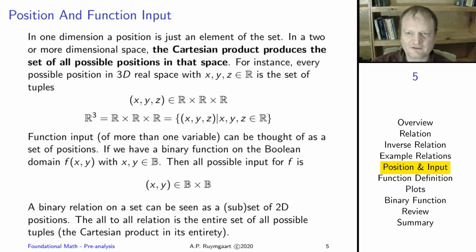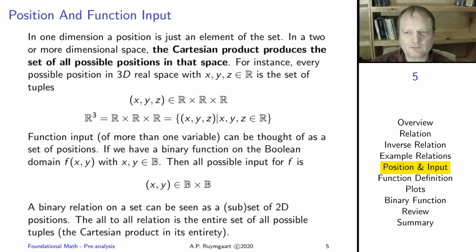We can also think of a binary relation as a set of 2D positions. Let's first define what a position is, and let's start by thinking about a position in a single dimension. Let's define a position as an element of the set in question.